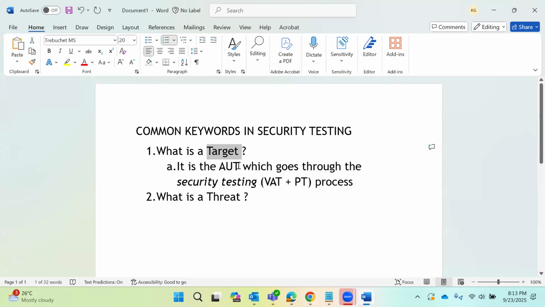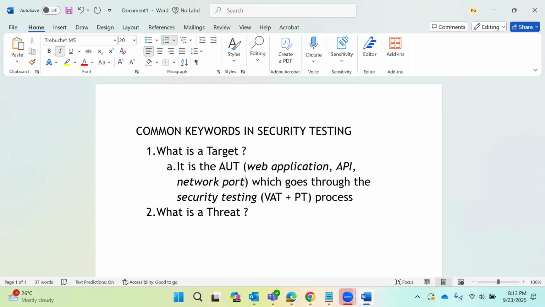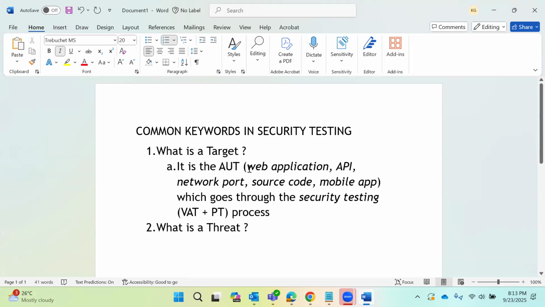When I say AUT, it can be a web application, an API, a network port, your source code, your mobile app, anything for that matter. It is that application under test which is going through your security testing process.